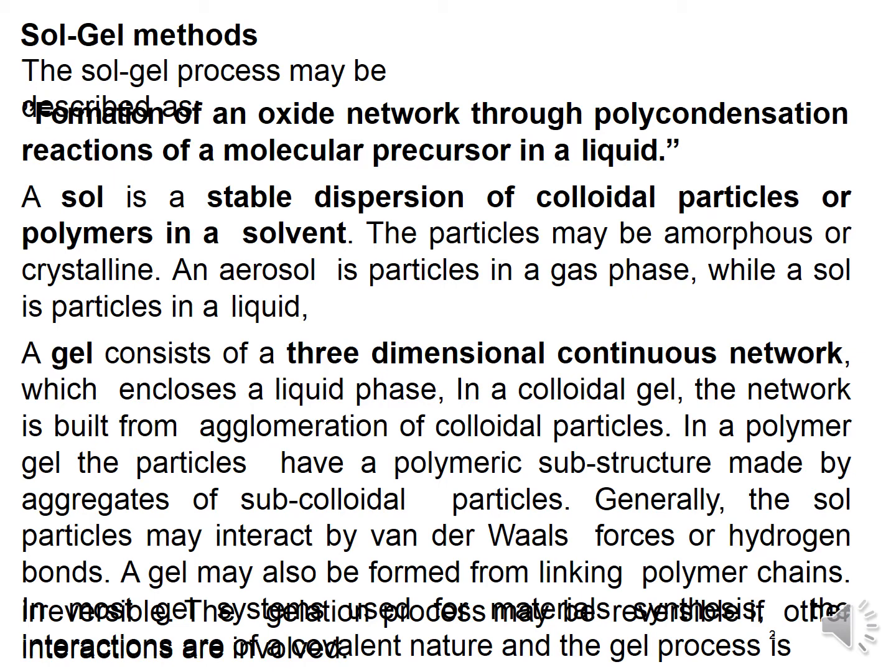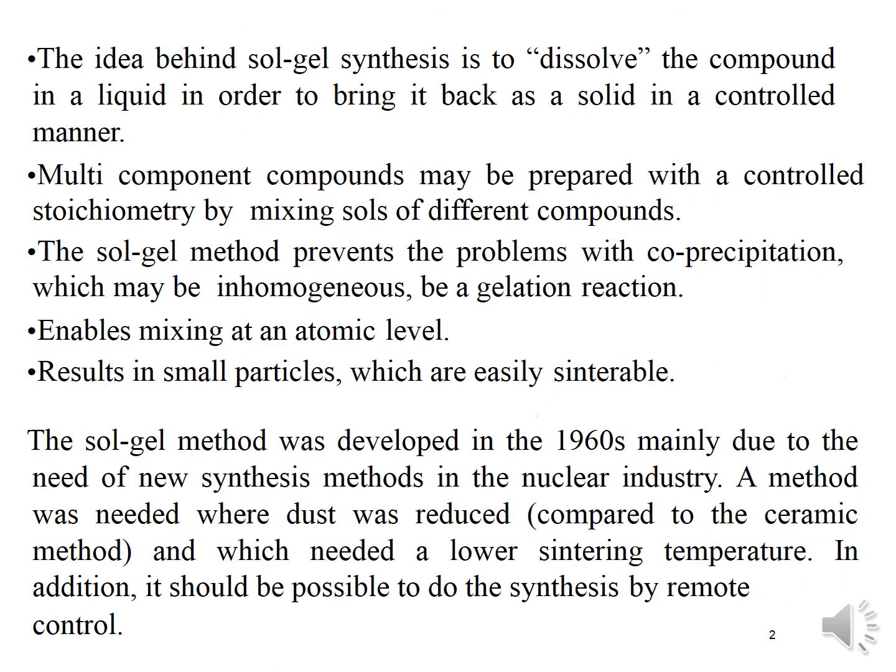A gel may also be formed from linking polymer chains. In most gel systems used for material synthesis, the interactions are of a covalent nature and the gel process is irreversible. The gelation process may be reversible if other interactions are involved.